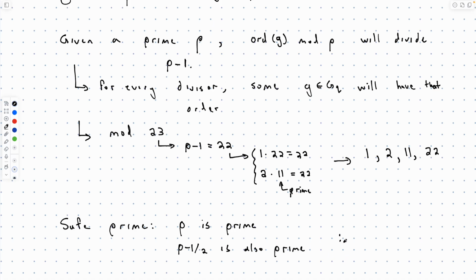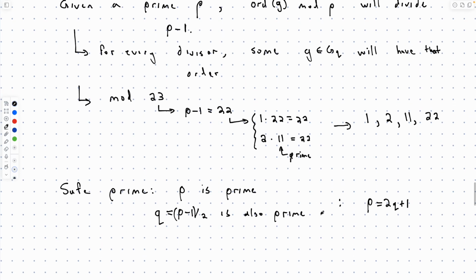If we call this q, and move this around, we also see p equals 2q plus 1. That's just this equation, but moving the minus 1 over 2 to the other side. So we call this a safe prime.